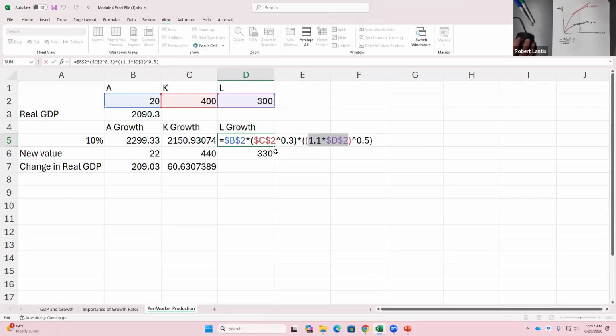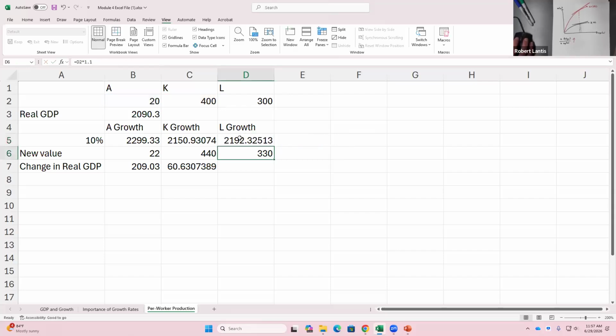Again, to break this into steps, I enter that value of 330. I see that this is my new real GDP. What was the change in GDP? New GDP minus my old GDP. I can see that labor increased my real GDP by more than that 10% capital increase, but less than that 10% increase in total factor productivity.